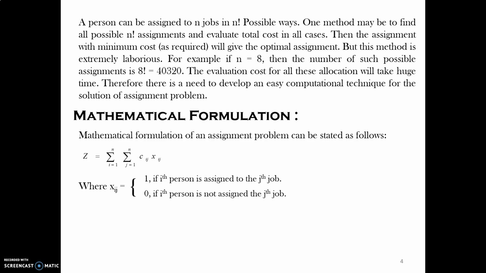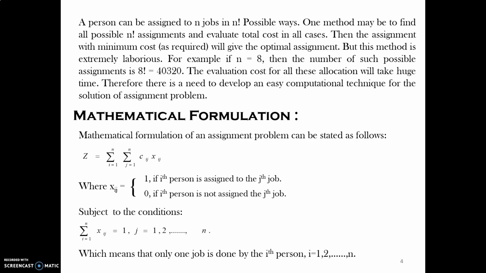Similarly, there are some conditions to that. The sum of xij over j equal to 1 till n is 1, where j can take any value till n, which means that only one job is done by the ith person. That means one job, one person, not more than that.